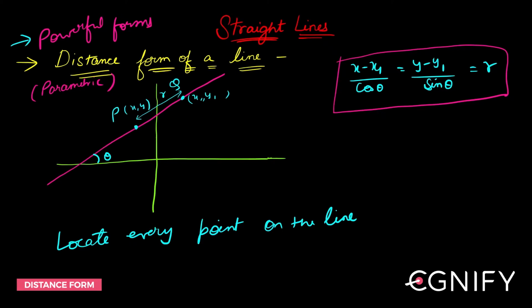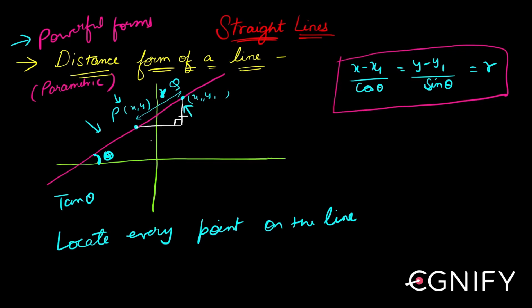So basically you have a line, this pink line. You know its slope. So if you know theta, you know tan theta, right? And what you know is a point on this line, a known point, which is your x1, y1. Now, let me take a general point xy at a distance r from this Q. So if I take this general point, I can construct a triangle like this.